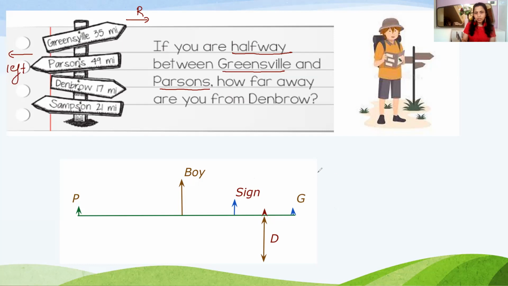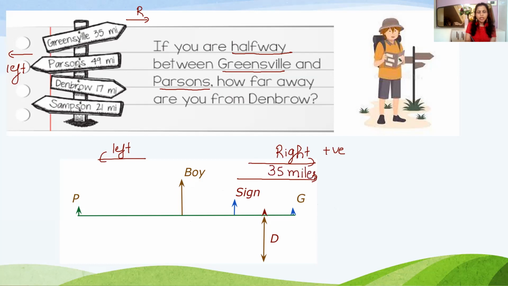Suppose this is right and I consider my right as positive and my left as negative, like number line. If the boy is halfway between Parsons and Greens Valley, how much is the distance from the signpost to Greens Valley? From the signpost to Greens Valley is 35 miles.